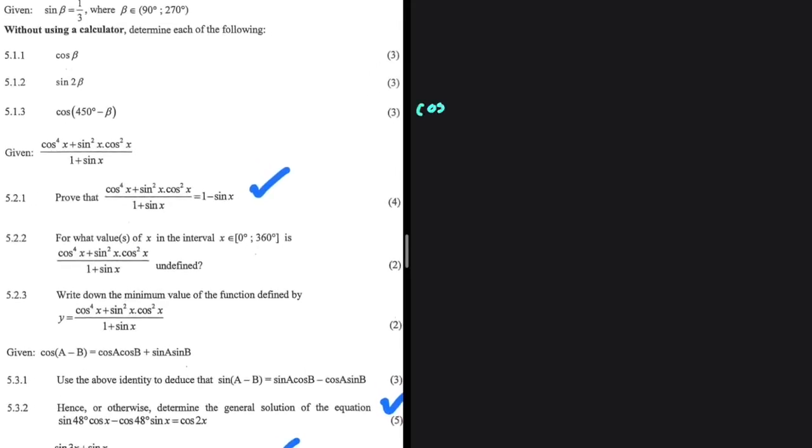We have cos of x to the power 4 plus sine of x to the power 2 multiplied by cos of x to the power 2, everything divided by 1 plus sine of x. This is said to be equals to 1 minus sine of x.